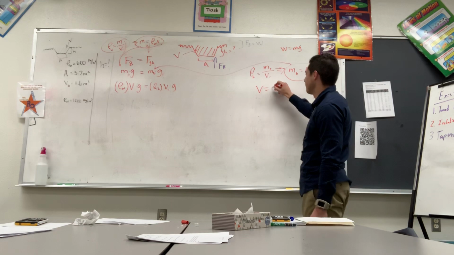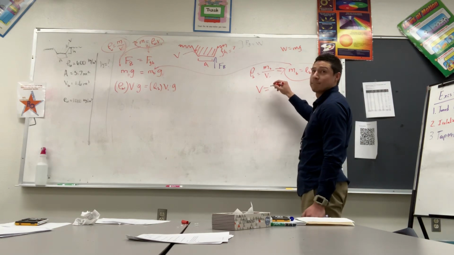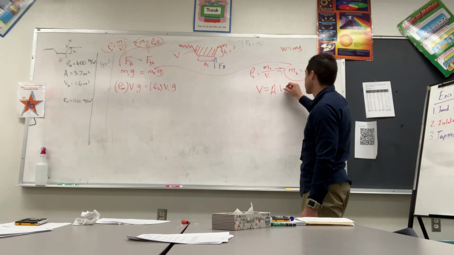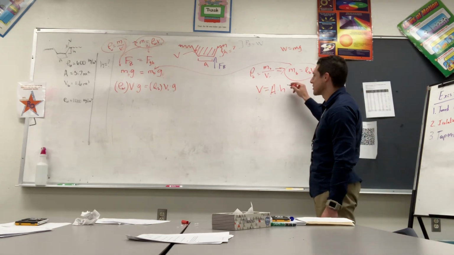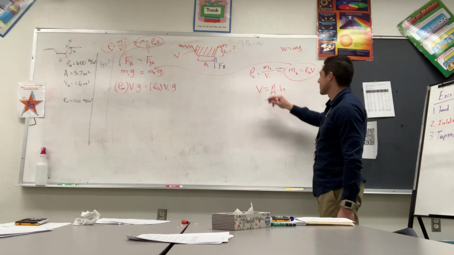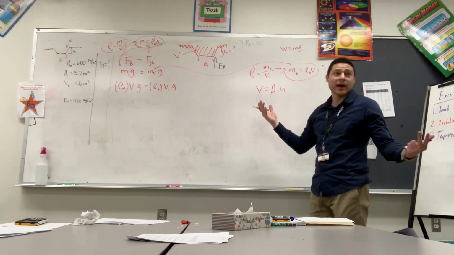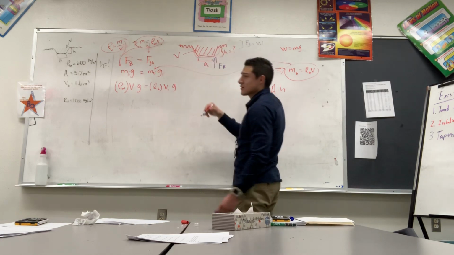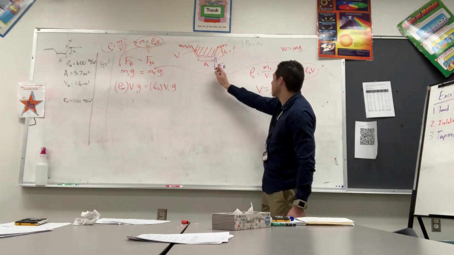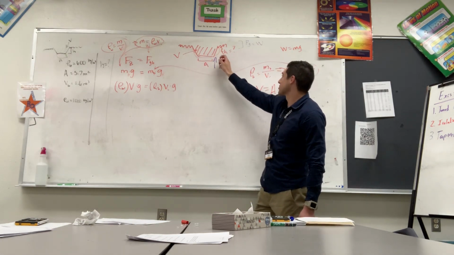Area times what? Height. Yes, that's correct. Just area times height, right? So we know volume is area times height. So we rewrite this for height, because we're looking for this here.